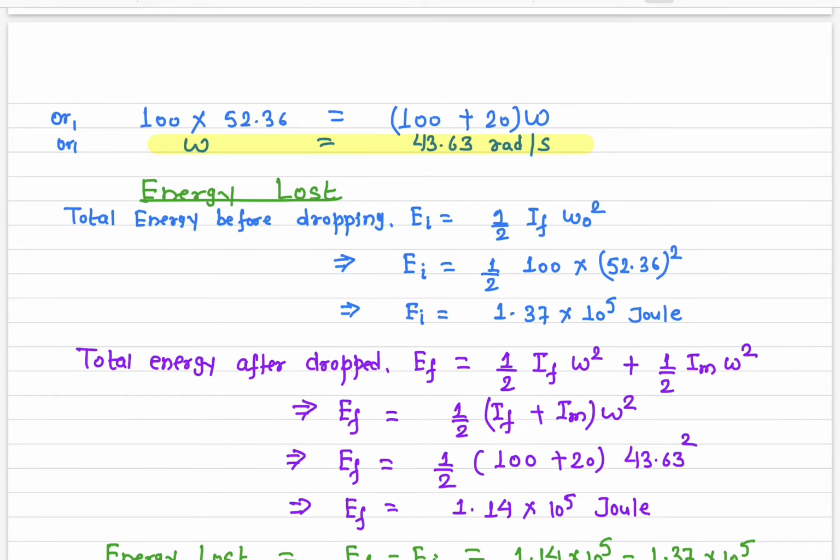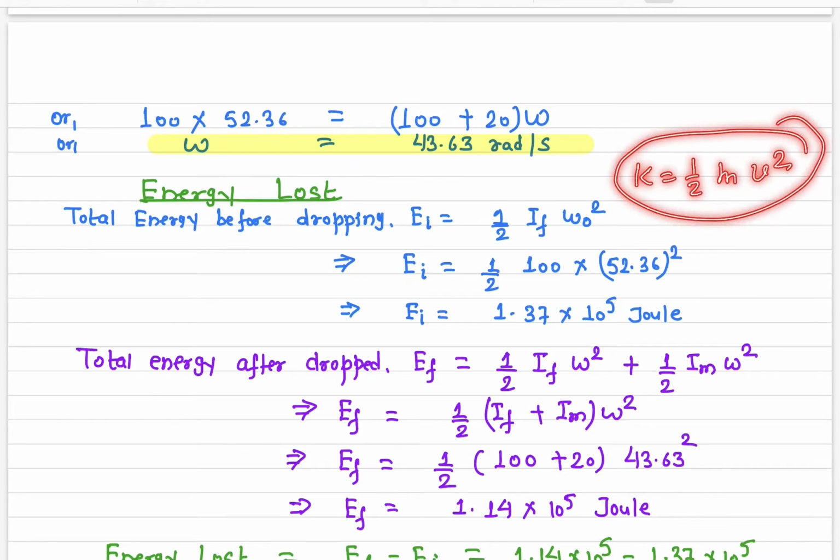So how do you find the kinetic energy? First we find the kinetic energy by using this formula here, before the mass is dropped. This formula is exactly equal to half mass times velocity squared.